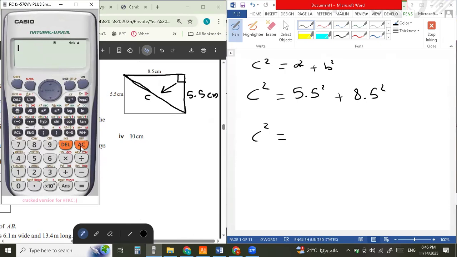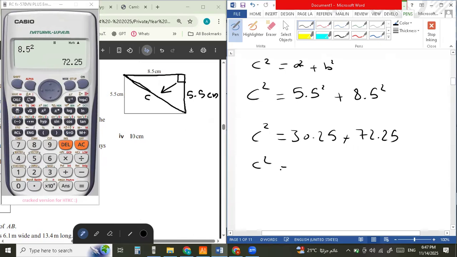Let's do it. 5.5 squared is 30.25 and 8.5 squared is 72.25.